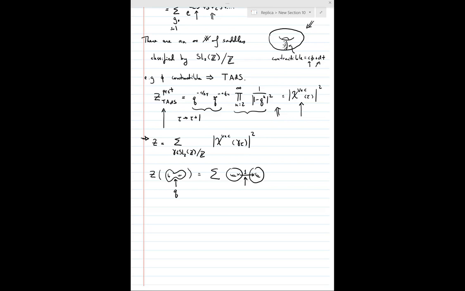And then the statement is that the higher loop corrections in the bulk can be rearranged in a certain way, and the only thing is that the spectrum gets renormalized. The torus partition function is the thing that encodes the spectrum. The higher genus partition functions encode OPE coefficients as well as the spectrum.